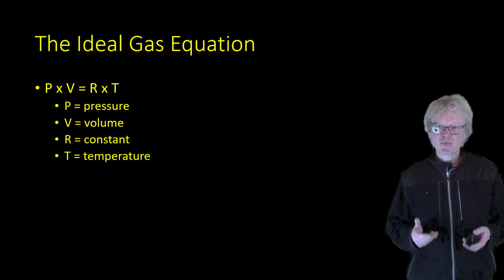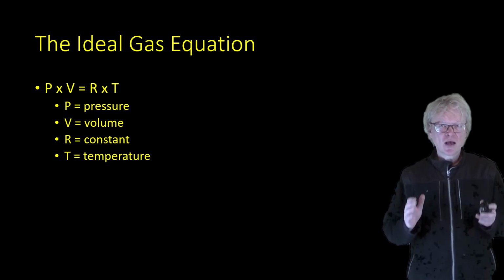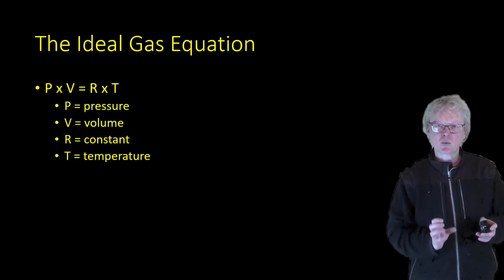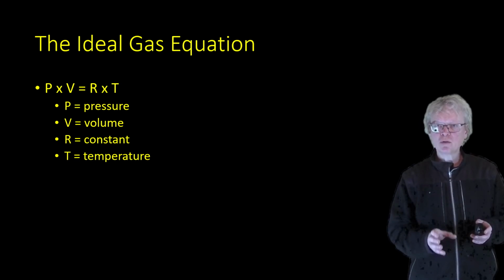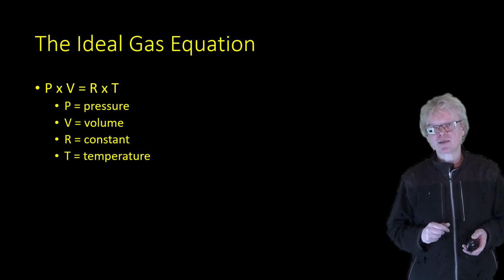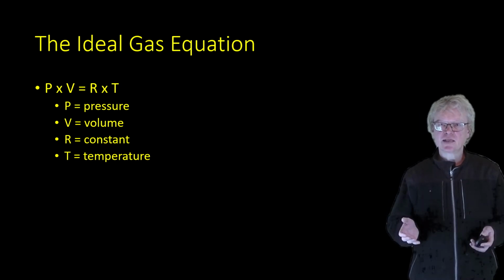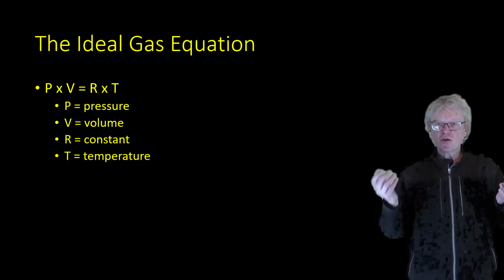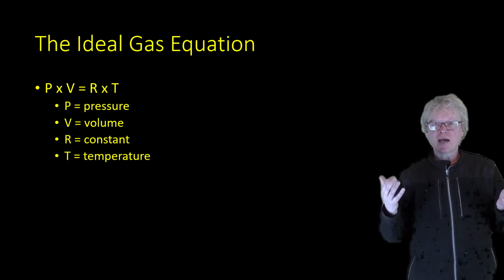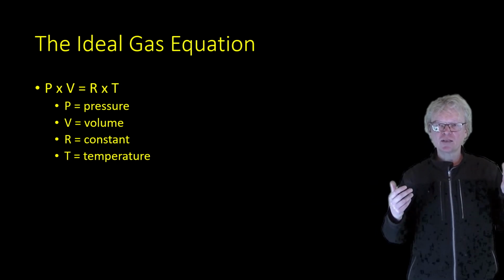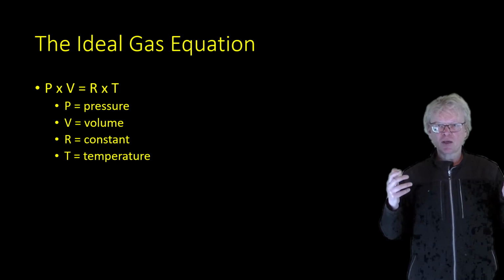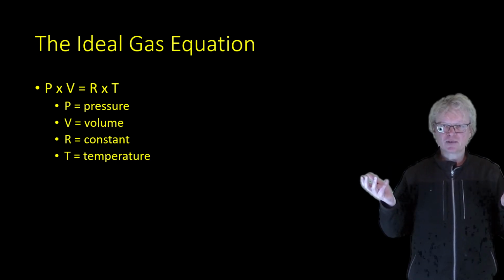P is pressure, V is volume, R is a constant, and we don't really need to worry about that constant at the moment or at all in order to use it to examine what's happening in the atmosphere, and T is temperature. Both sides of those equations always need to balance each other. Okay, so if you increase one on one side, you've got to do something on the other side in order to balance it.